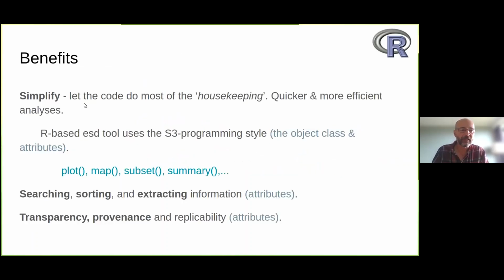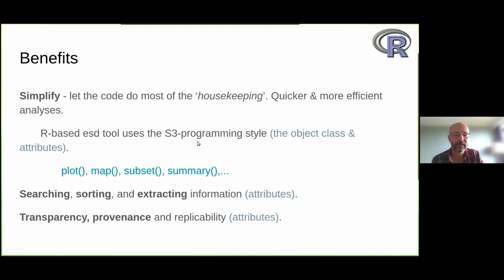So the benefit is that it simplifies the analysis, because it lets the code do most of the housekeeping, and it's much quicker and more efficient. So it makes it possible for me to talk to people on the phone and do the analysis while I talk to the journalists often, because the data is readily available.